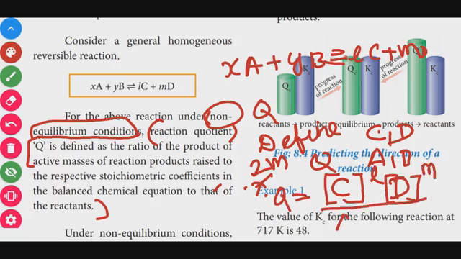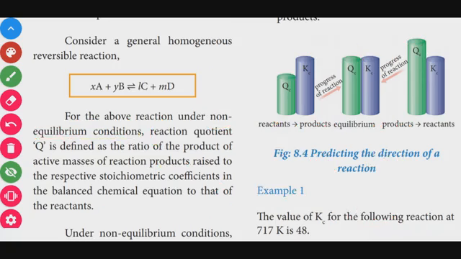Similarly divided by the product வந்து உங்களுக்கு A and B and stoichiometric coefficients x and y. So this is the reaction coefficient ஓட definition. Okay, products by reactants ratio எடுக்கணும், which is that of active masses raised to the stoichiometric coefficient power. Okay, yeah, this is the reaction quotient.